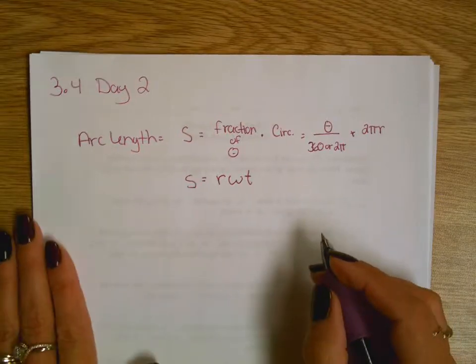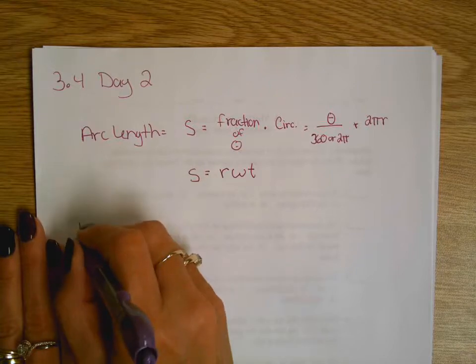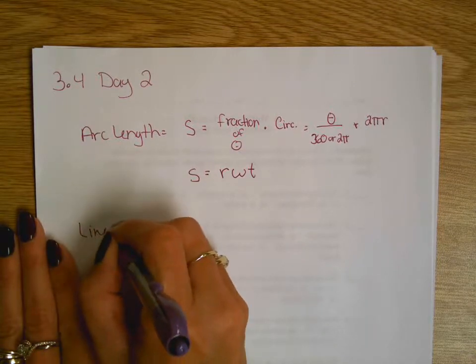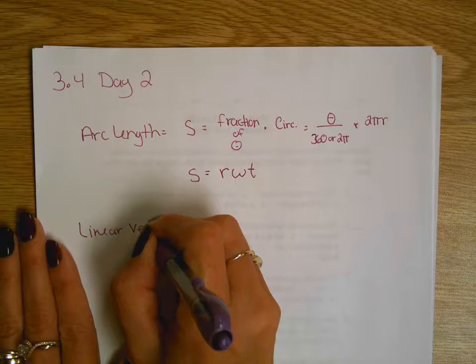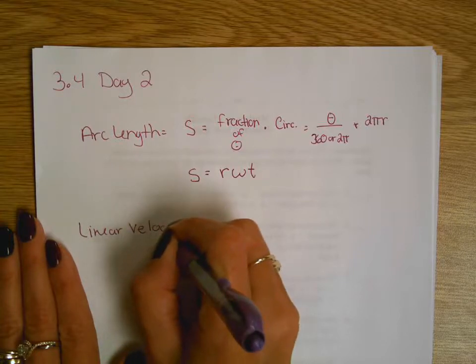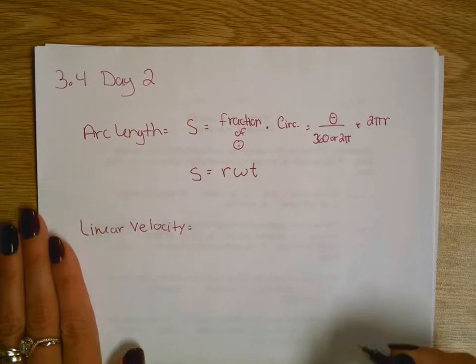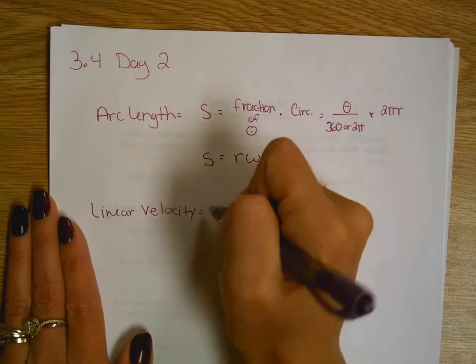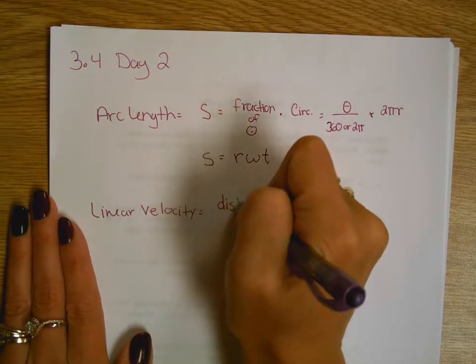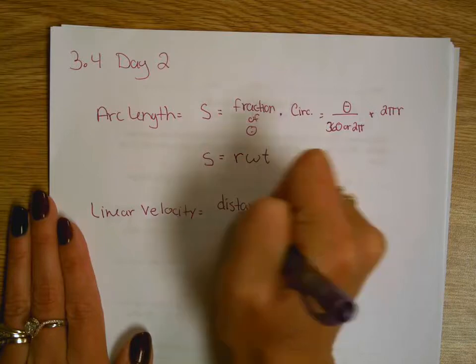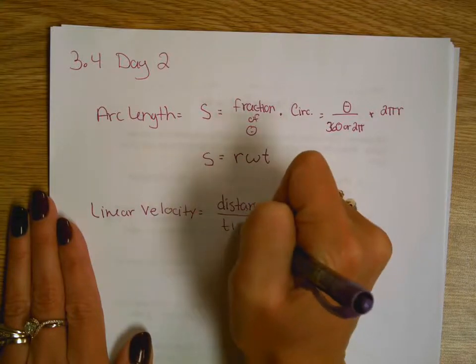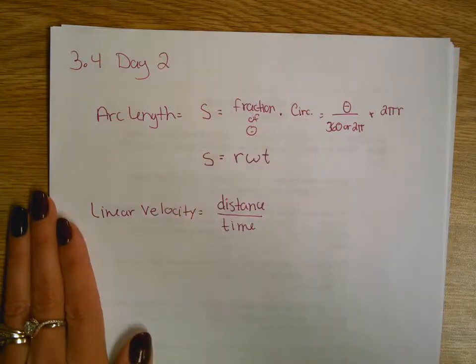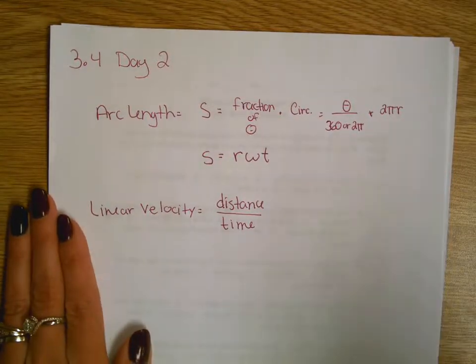Okay. Then we move into velocities. Linear velocity. And linear velocity is like miles per hour, inches per second. So you've got some kind of linear distance over time. Distance divided by time. And because we're talking about things moving in a circular pattern, our distance is our arc length.